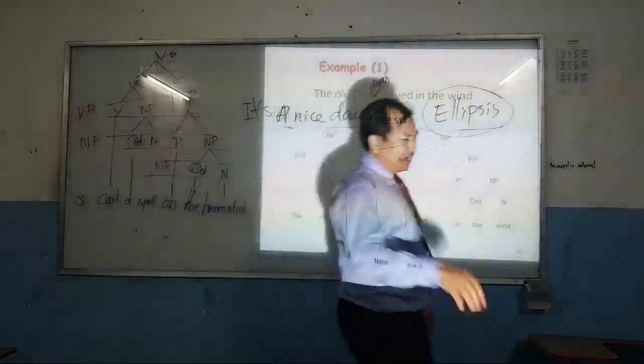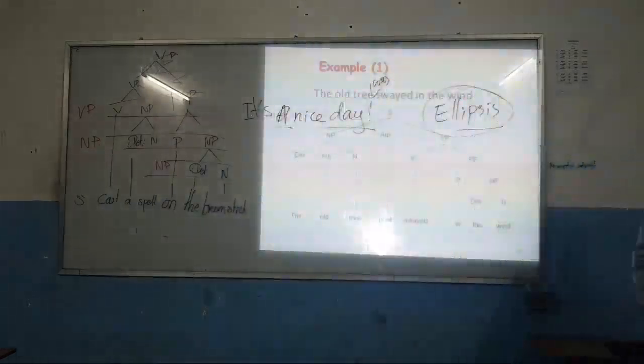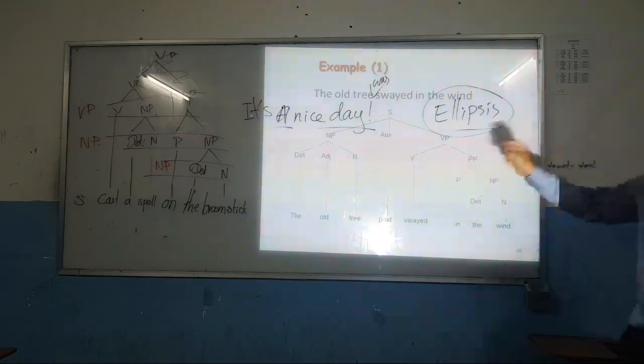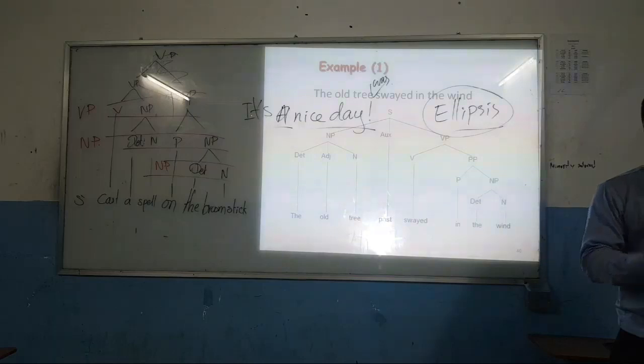Okay? So in English, there are a lot of things that you need to learn. You cannot learn everything in just one day or one year. We need to keep learning, practicing, reading, and then you can learn very well. Okay? So this tree diagram will show you clearly.